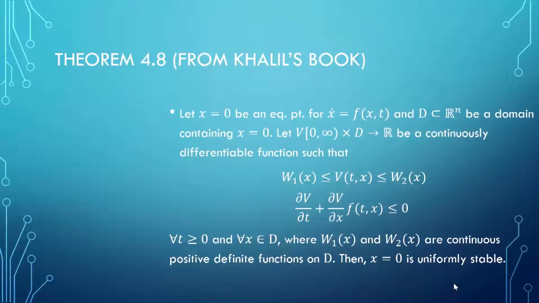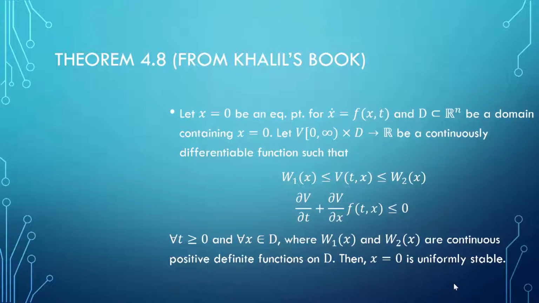Then we choose the V function that maps from this domain to another domain, because it's a scalar function. And V has to be continuously differentiable, otherwise the solution might not exist, or might not be unique.